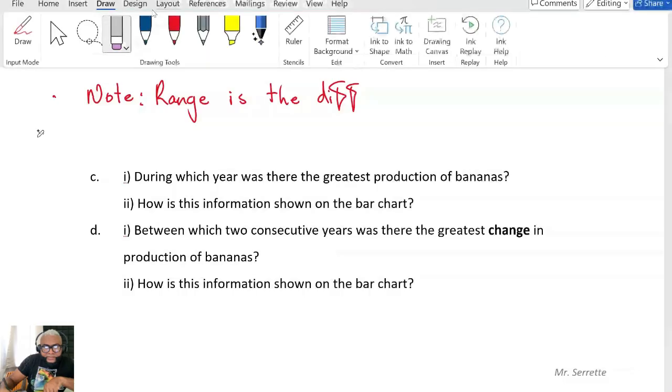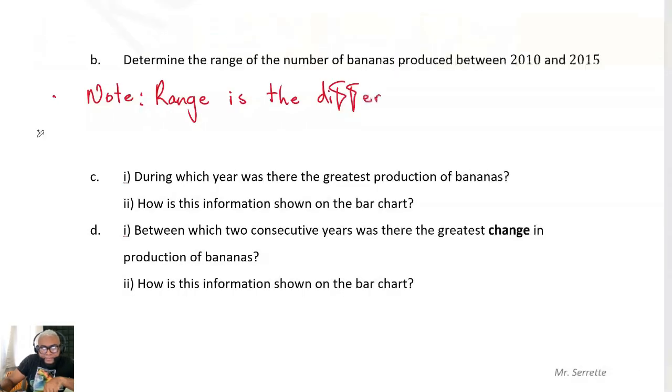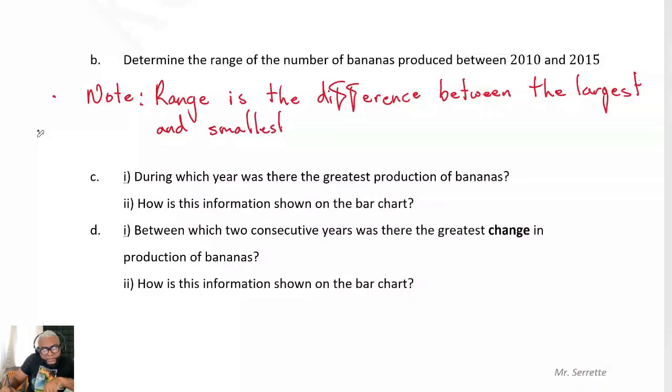Range is the difference between the largest and smallest values in the data set.